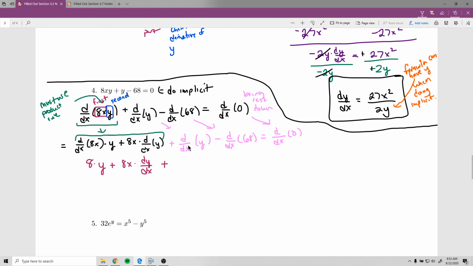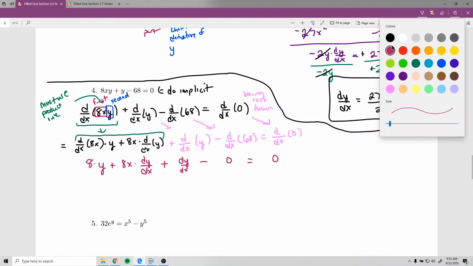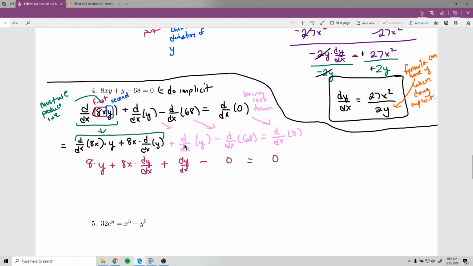Plus the derivative of y with respect to x is the same thing here, dy over dx. Minus the derivative of 68, which is 0, equals the derivative of 0, which is also 0. But at this point we have done all the derivatives. And now we need to solve for dy over dx.